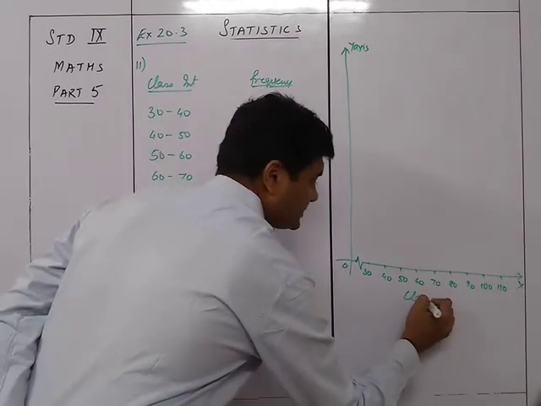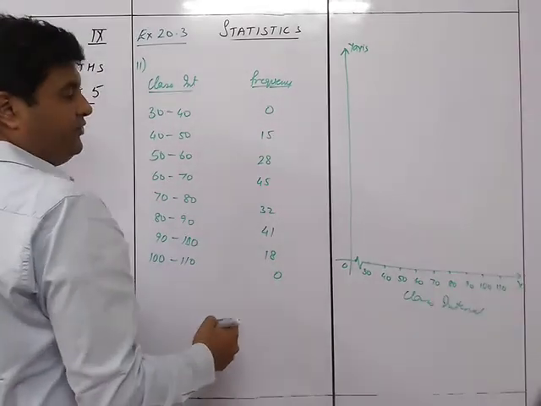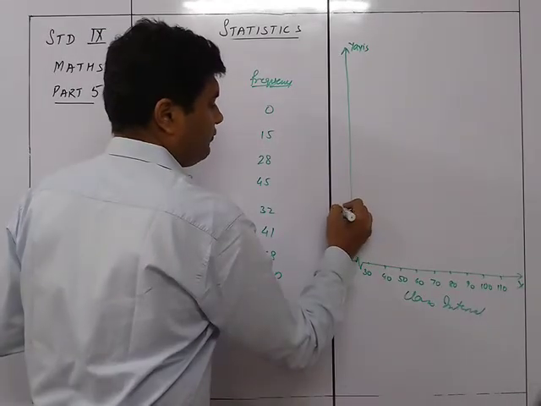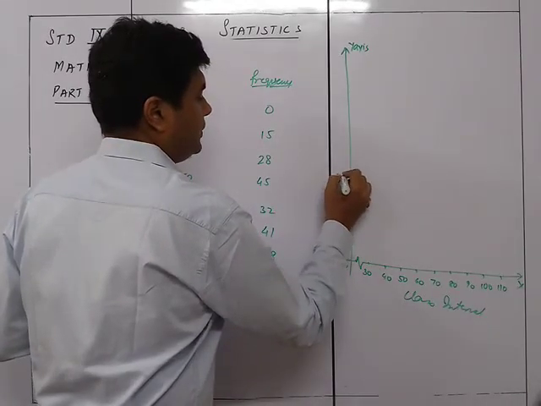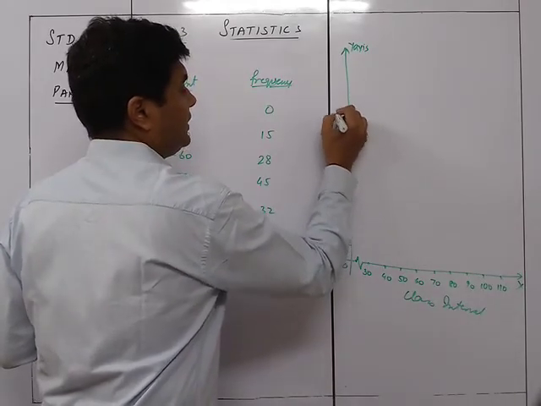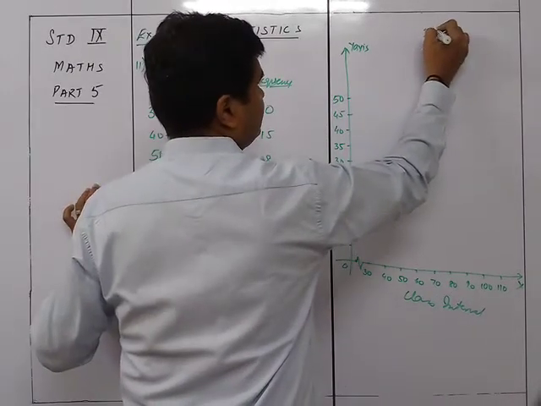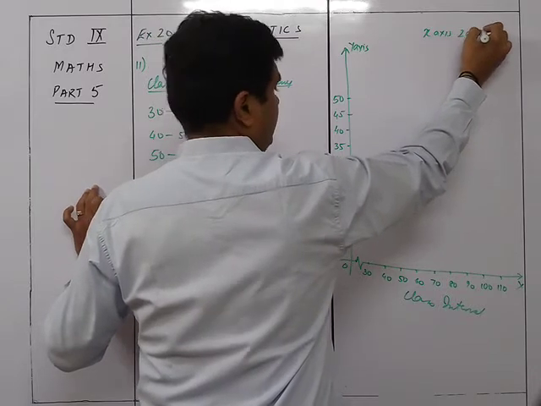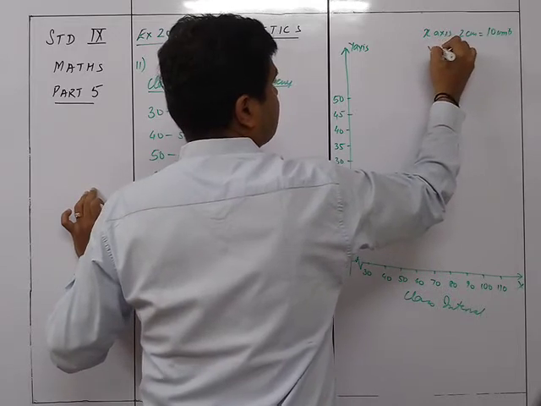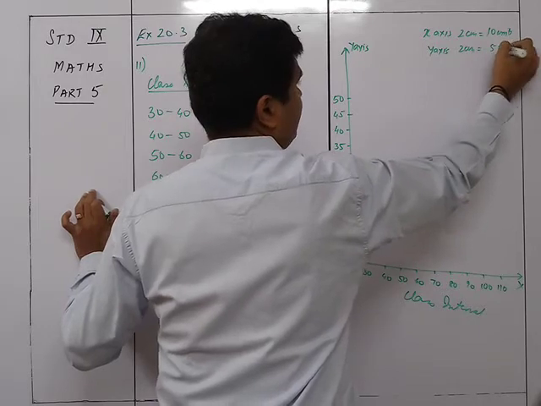This is the class interval. This goes up to 45, so I'll take it as 5, 10, 15, 20, 25, 30, 35, 40, 45, 50. We have over here x-axis 2 centimeter is equal to 10 units, and y-axis 2 centimeter is equal to 5 units. That's the scale.